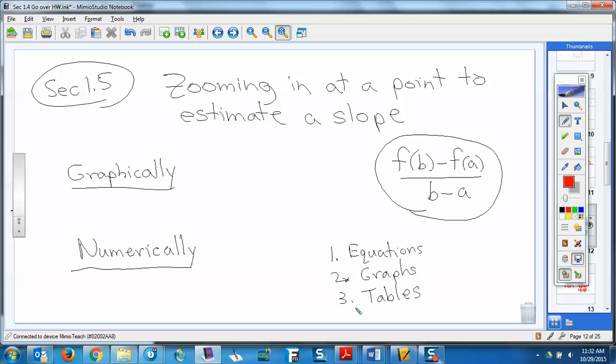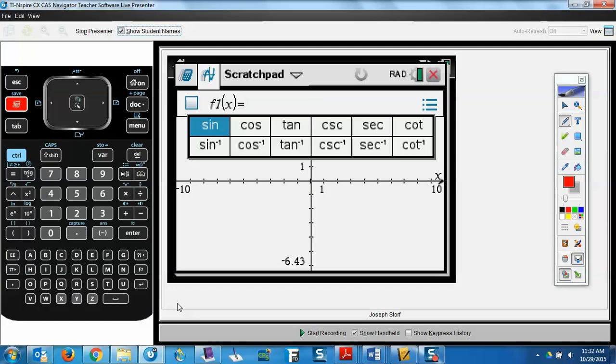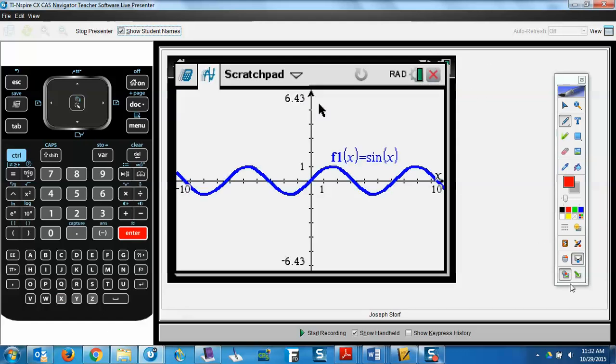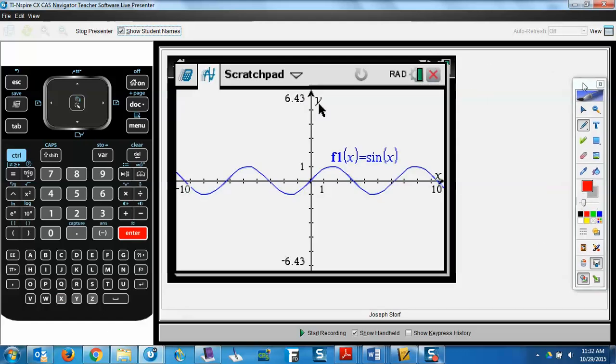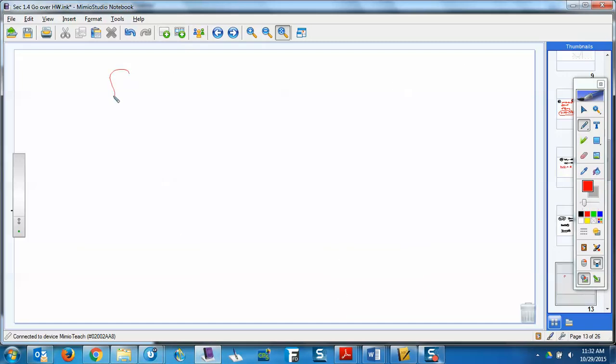Okay? All right. So now let's say I gave you, I think one of your problems has a sine function. So Joe, do this. Put in sine of x. And let's say we had f is our sine function.